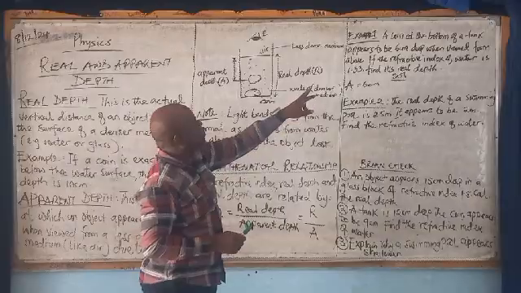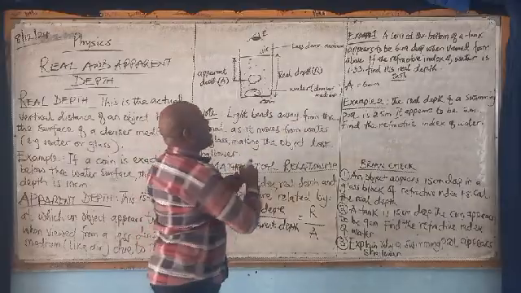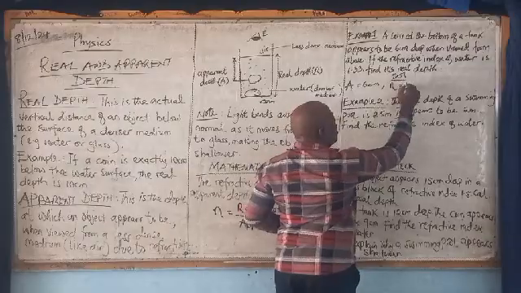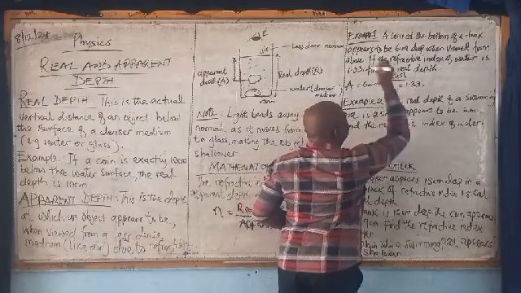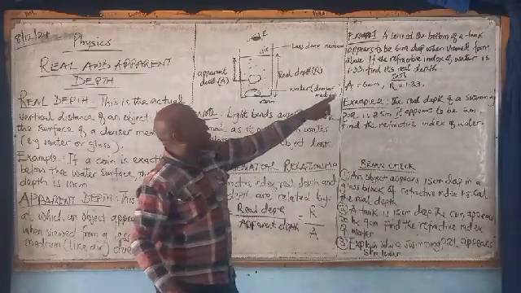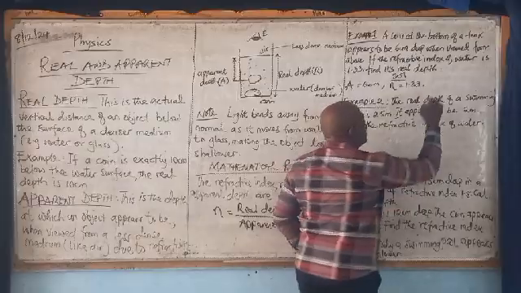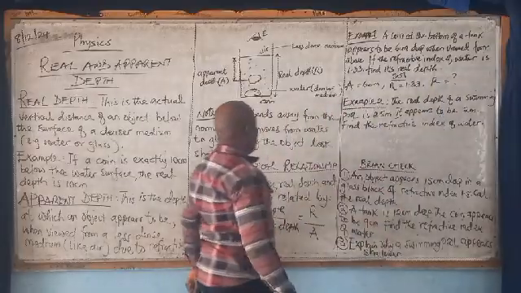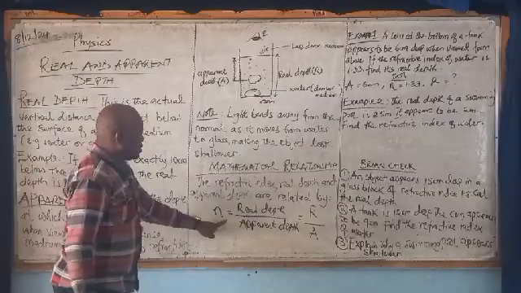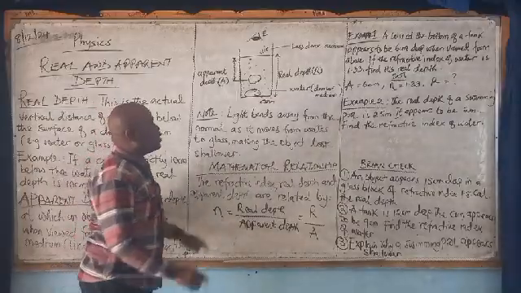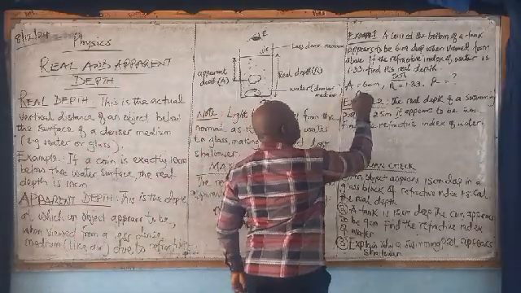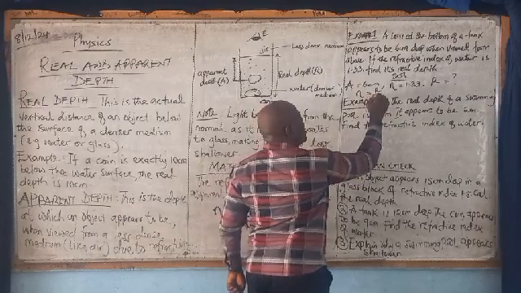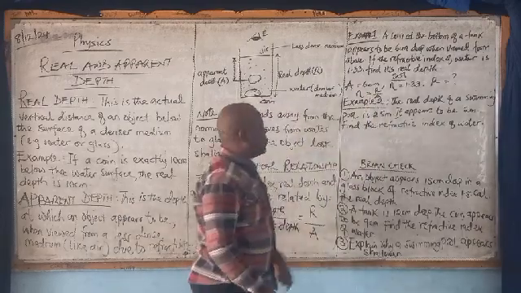When viewed from above, the refractive index is 1.33, and they say we should find its real depth, R. Now, our formula says refractive index is equal to real depth over apparent depth.